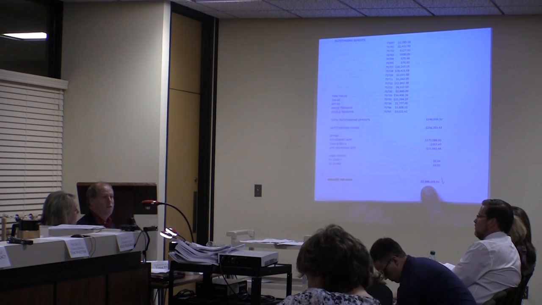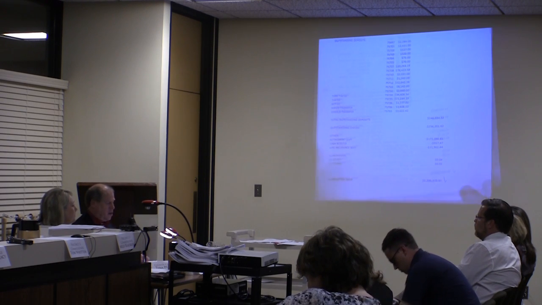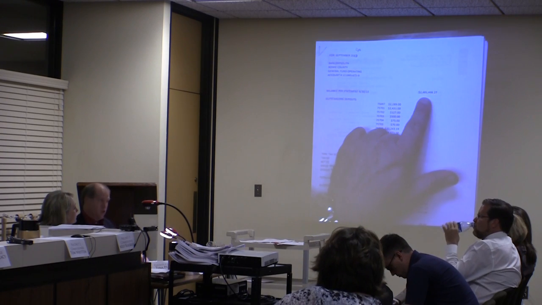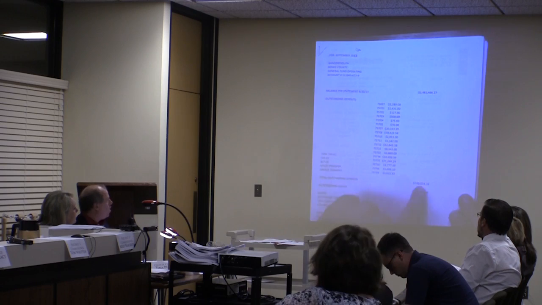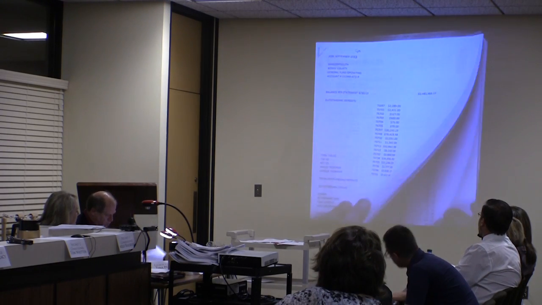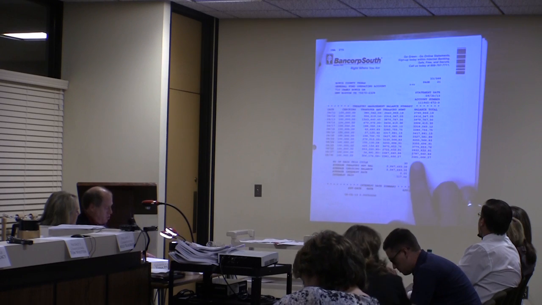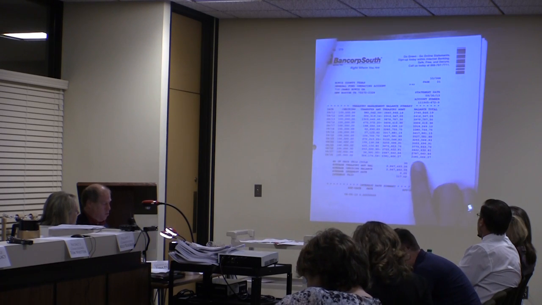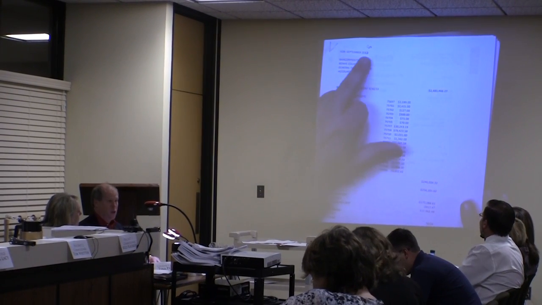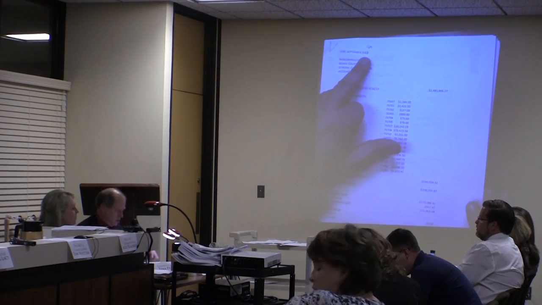That is the book balance of what's in the account. Now the bank says there's 2.48 million, so there's some outstanding checks and outstanding deposits. And the bank balance is way back here with 2,481,466. So this is the bank reconciliation for September 30th, 2013 that the treasurer did.